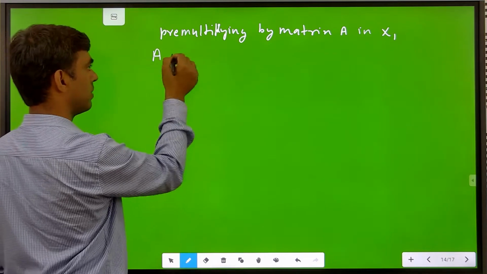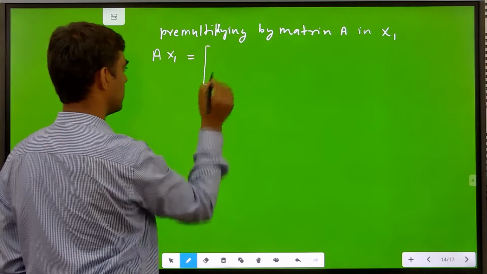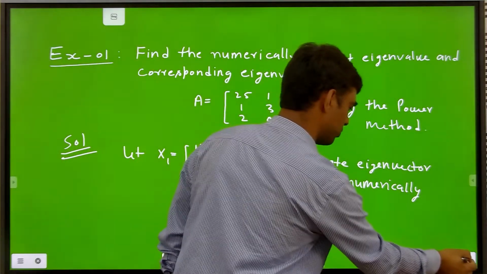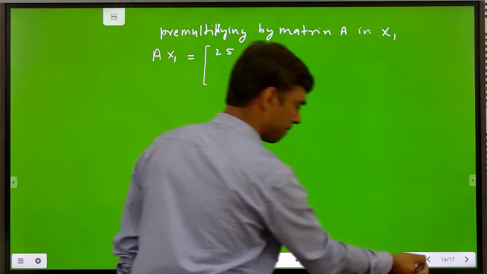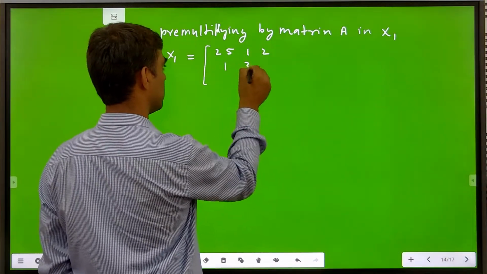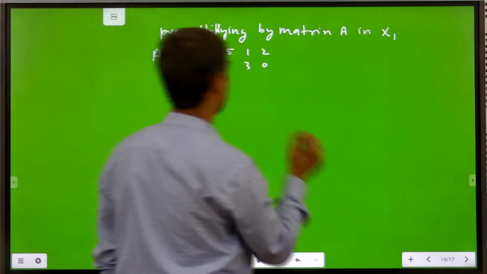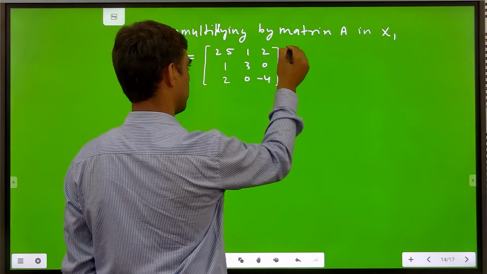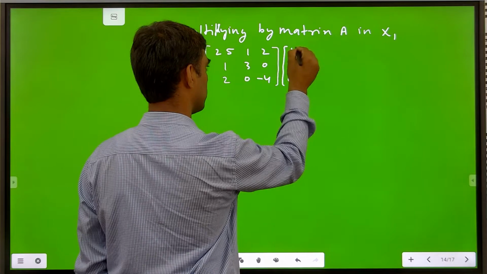The value of A is: first row 25 1 2, second row 1 3 0, third row 2 0 minus 4, multiplied by the approximate eigenvector 1 0 0.